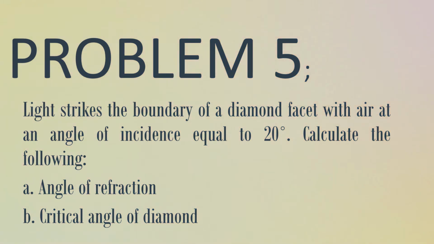Let's have a problem under the total internal reflection. Light strikes the boundary of a diamond facet with air at an angle of incidence equal to 20 degrees. Calculate the following: A. Angle of refraction, and B. Critical angle of diamond.